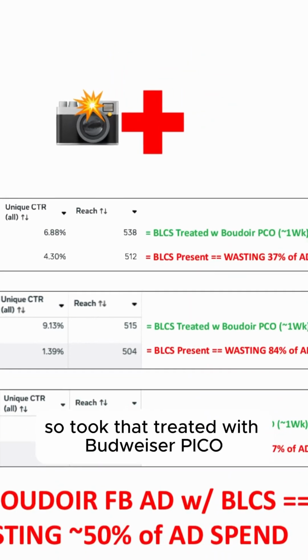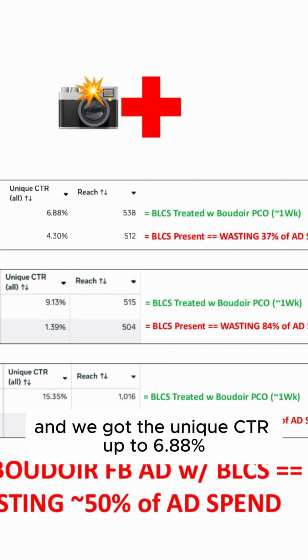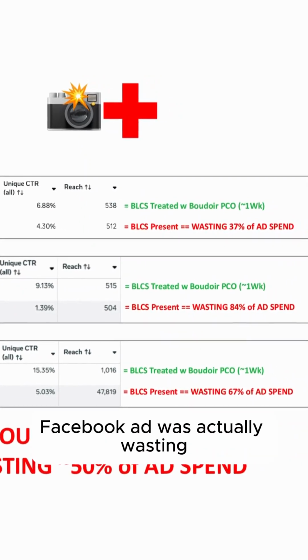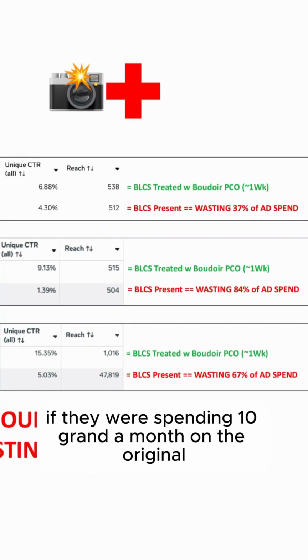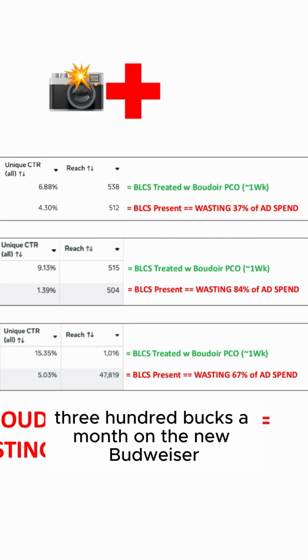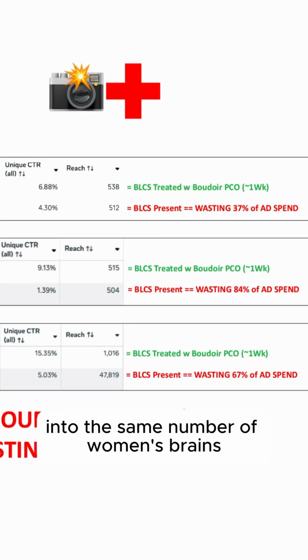So we took that, treated it with Boudoir Pico, takes about a week, and we got the unique CTR up to 6.88%. So we found that the original Boudoir Facebook ad was actually wasting 37% of ad spend. And as a result, if they were spending 10 grand a month on the original Boudoir Facebook ad, now they only need to spend 6,300 bucks a month on the new Boudoir Pico treated ad in order to get their ad into the same number of women's brains.